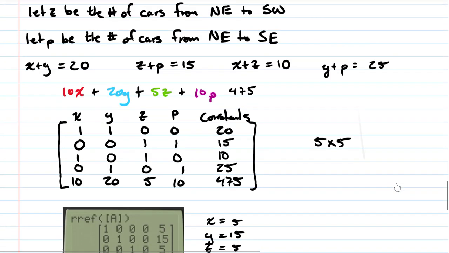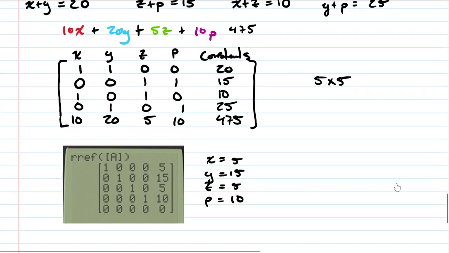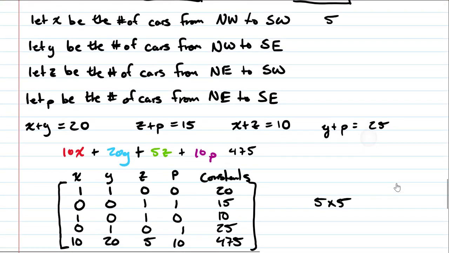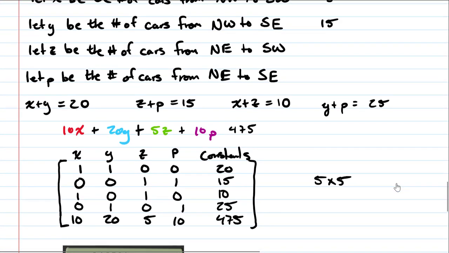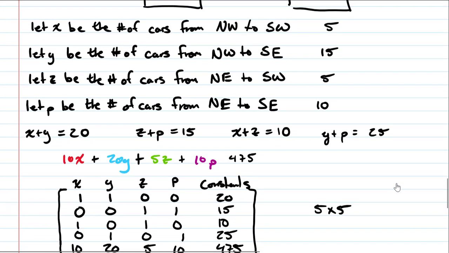So then it tells us that we would move 5 cars from northwest to southwest, 15 cars from northwest to southeast, 5 cars from northeast to southwest, and then lastly 10 cars from northeast to southeast.